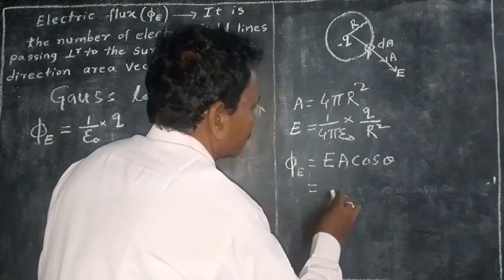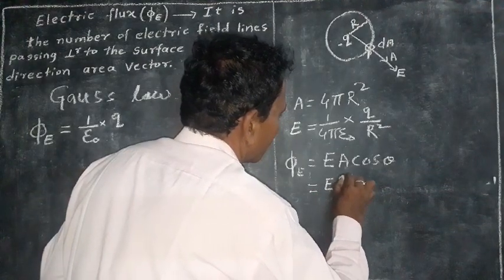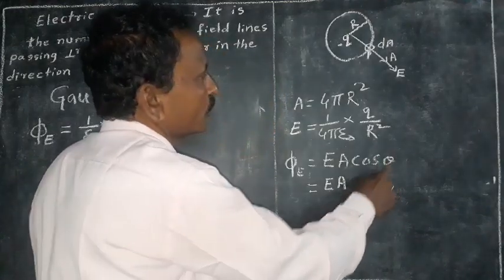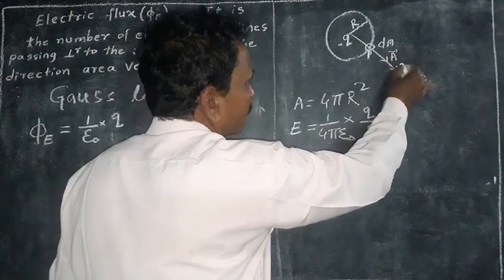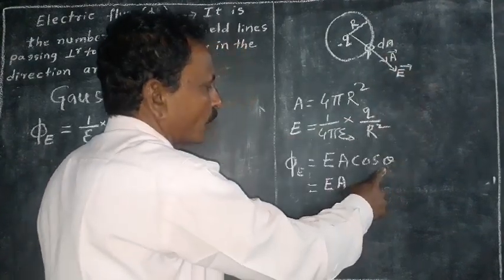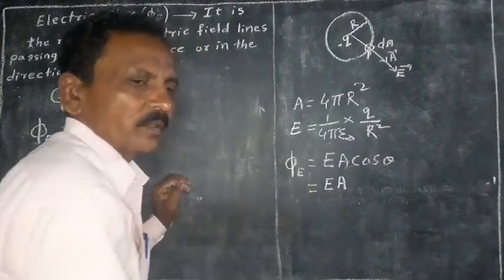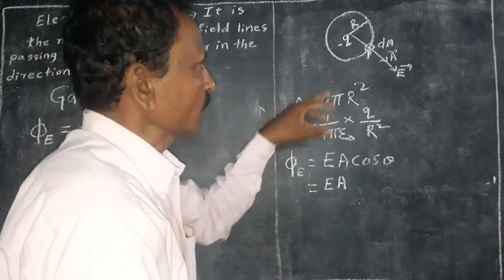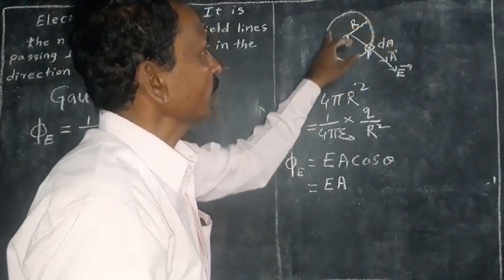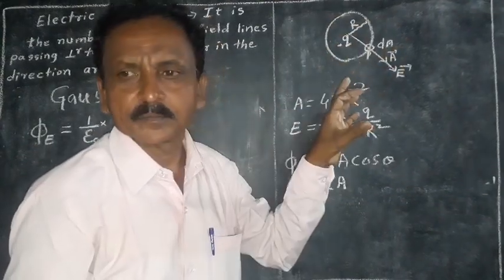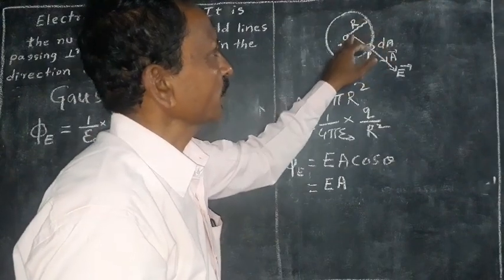That is equal to E A. Since theta is 0, the angle between area vector and field vector is 0, hence cos 0 equal to 1, hence phi equal to E into A. And in this case, the electric intensity is the same at all points on the surface of the sphere, because all points are equidistant from the charge.